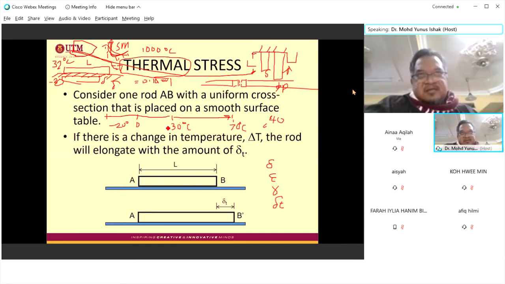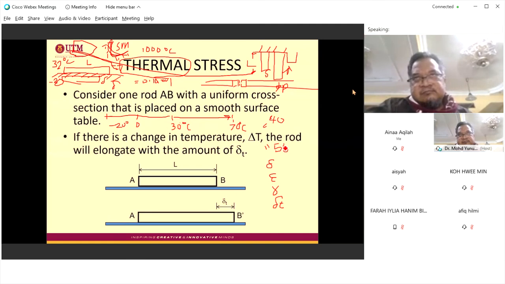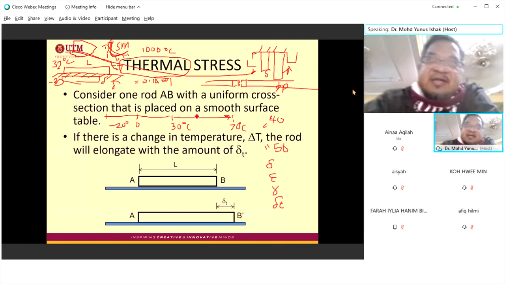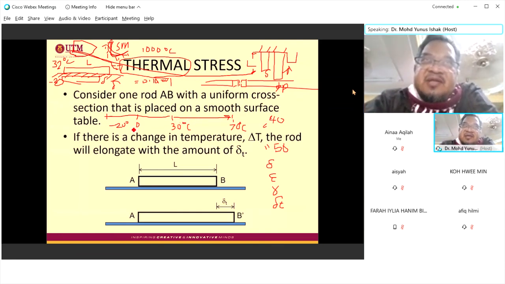Okay, so the delta T is 50. Kena tengok, ini ialah 40. Ini adalah drop 50. Okay, so jangan confuse.